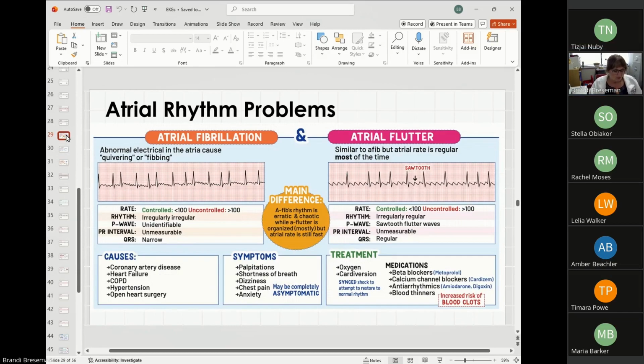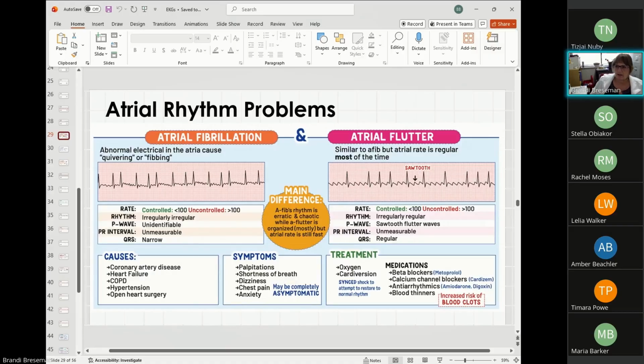So remember how I was talking about those P waves that had those extra little squiggles in them, right? And I said that there were a couple of ways that I knew that it was a sinus issue and not an atrial issue. And that is because when we have atrial problems that cause those extra P waves, it is either atrial fibrillation or atrial flutter, okay, one or the other.